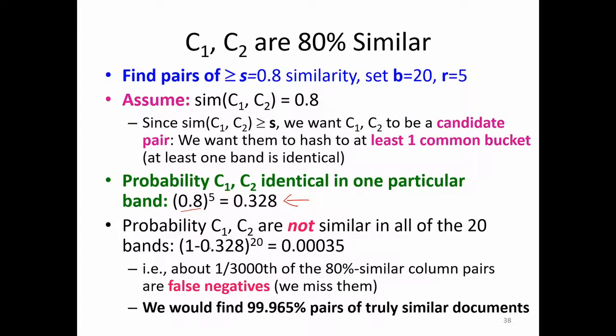Now what is the probability that C1 and C2 are not similar in all of the 20 bands? In any band the probability that they are not similar is 1 minus 0.328, and that has to happen for all the 20 bands, so this to the power 20.